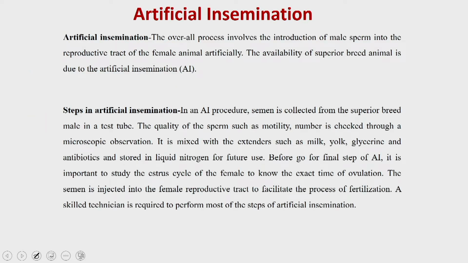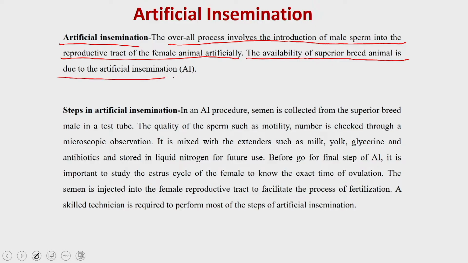So, in artificial insemination, the overall process involves the introduction of male sperm into the reproductive tract of the female animal artificially. The availability of superior breed animals is due to artificial insemination. There are multiple steps involved. In an artificial insemination procedure, the semen is collected from the superior breed male in a test tube.